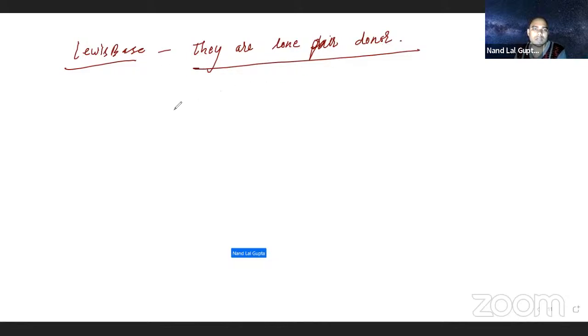Now, NH3, although it has hydrogen, is not an acid, because it contains a lone pair of electrons, so it is a Lewis base. So example 1: a species containing a lone pair of electrons.